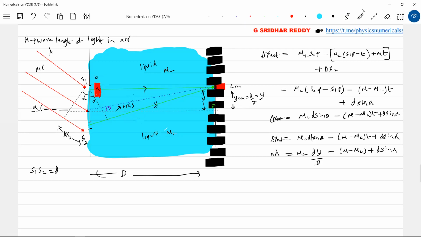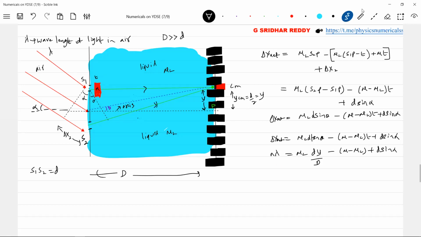So, looking at this triangle, what is tan theta? Y by capital D. I think by this time you know, sir, that sin theta has become tan theta because of the condition D very much greater than small d. Theta very small, sin theta will become tan theta, and tan theta will be y by capital D. Just stick to the basics. Almost the same thing is getting repeated. So now we have everything.